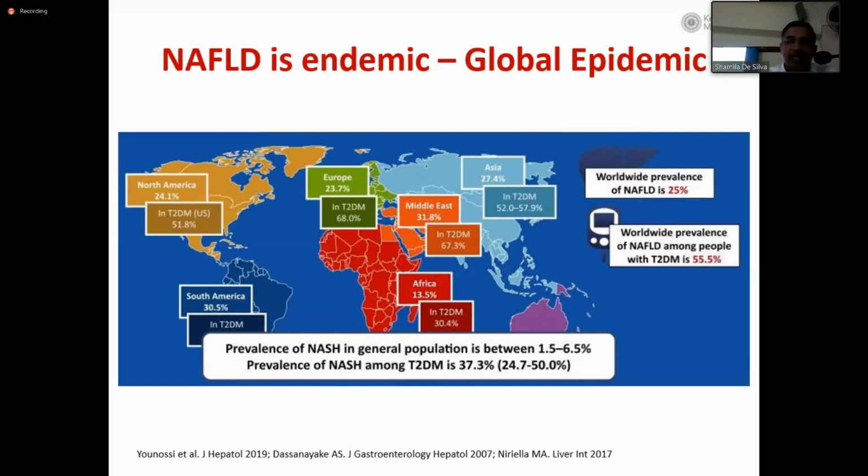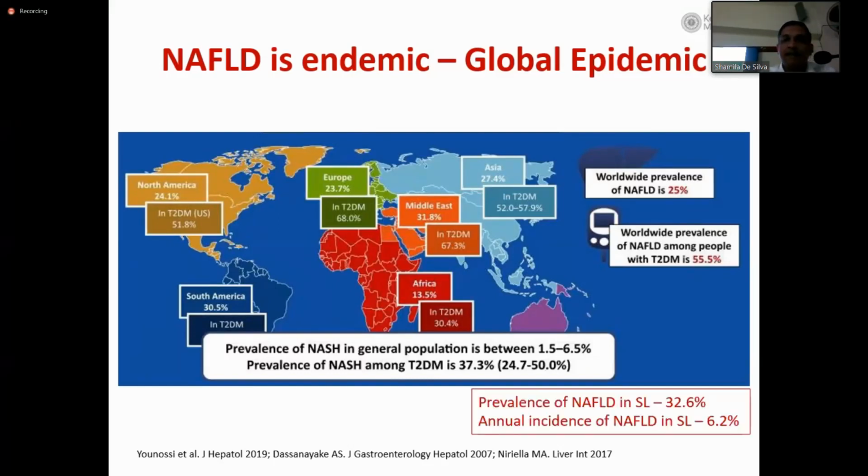Having diabetes is bad for NASH. In our studies, we know that the prevalence among Sri Lankans is about 32%, and the annual incidence is about 6%. From studies done here in Ragama, we can sort of extrapolate this data to the Sri Lankan urban adult population.